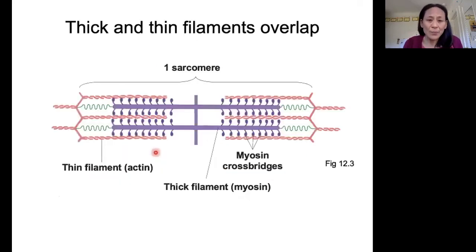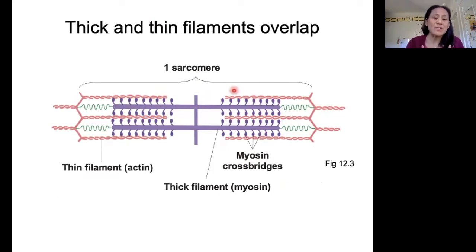All right, so zooming back out, we can see that the thick and thin filaments overlap as illustrated here. Okay, so we've got this interdigitation of the thick and the thin filaments, right? So thick filaments shown here in purple, thin filaments shown in pink, and you can see that there is this overlapping area, okay?